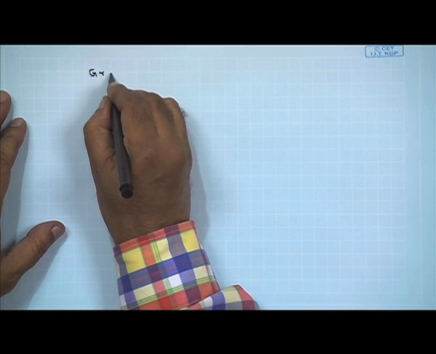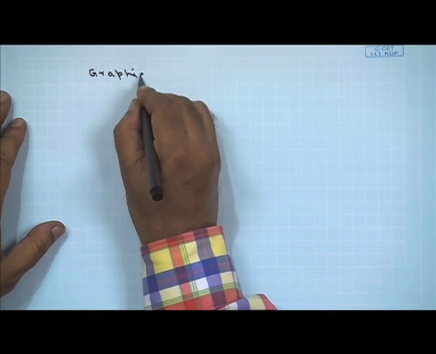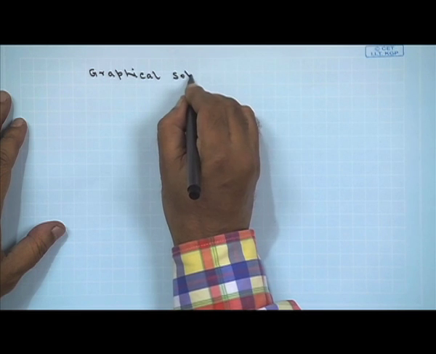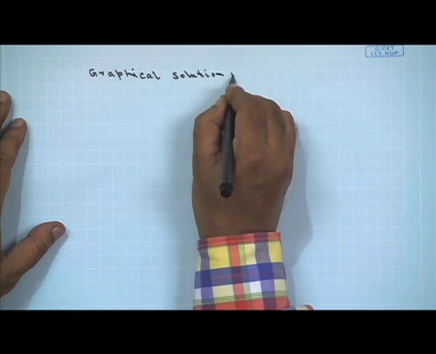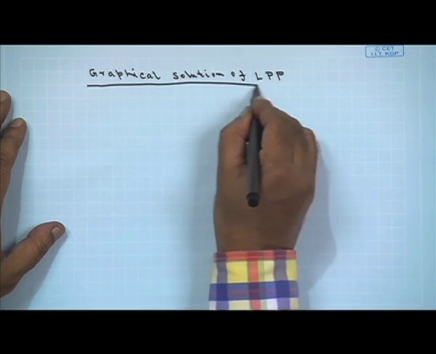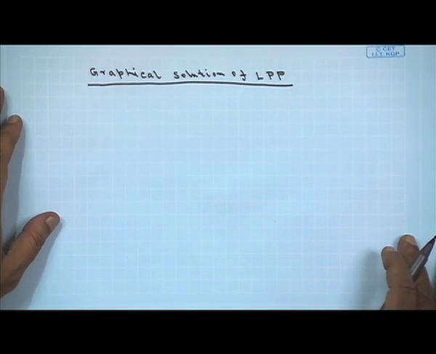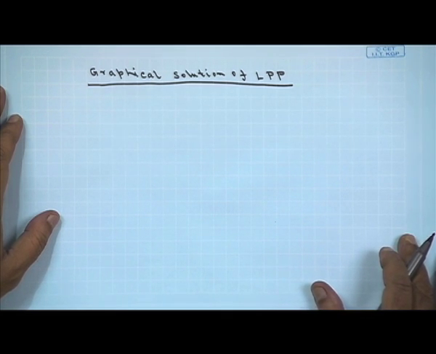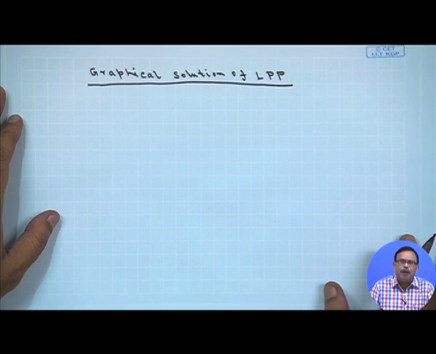The next one is graphical solution. For the graphical solution of an LPP, as I told you earlier, we will go for an LPP consisting of two variables only, because if we go beyond two variables, visualization will not be proper.